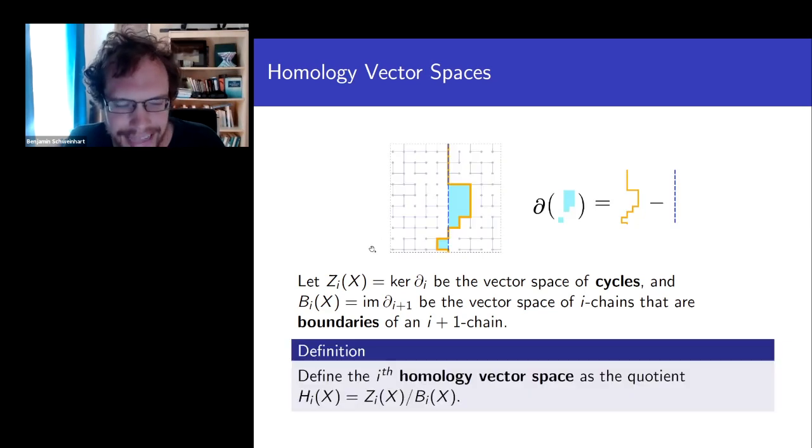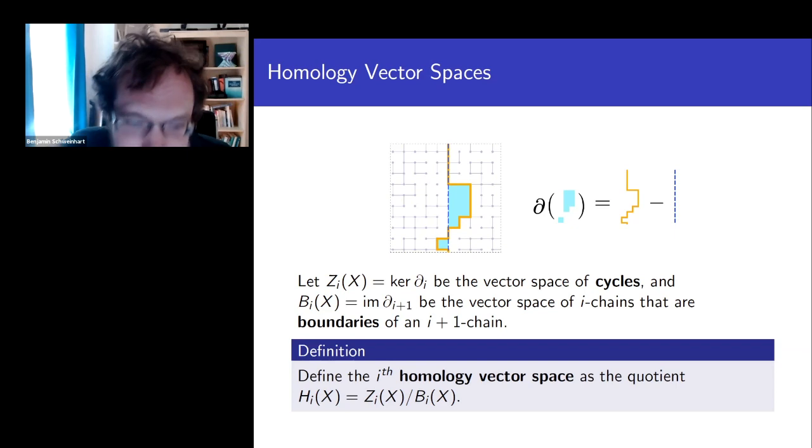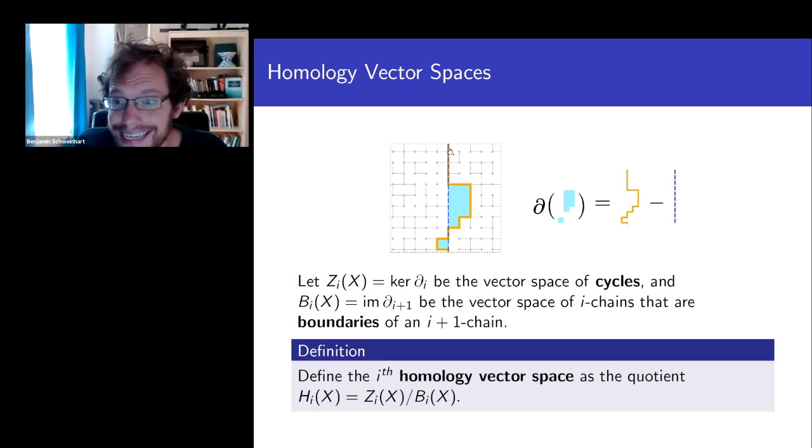Okay. And then we can define the I-dimensional homology vector space as the quotient of cycles mod boundaries. For example, up here we have 2 one chains, the one given by the dashed blue line and the one given by the thicker orange path going like this. You can see that these both connect at opposite ends of the torus.